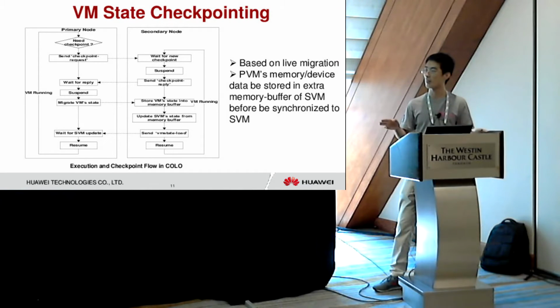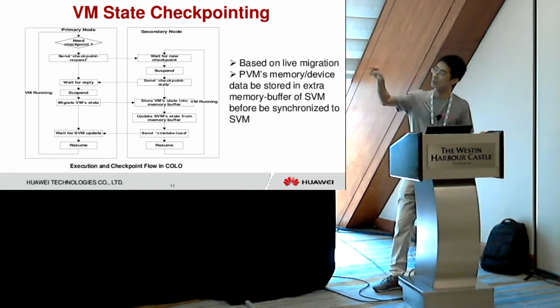Actually, we can optimize it from several aspects. First, we can reduce the transmitted dirty pages when doing a checkpoint. Second, we can reduce the amount of dirty pages being updated from the memory buffer. And the third method is to reduce the time of flushing data.